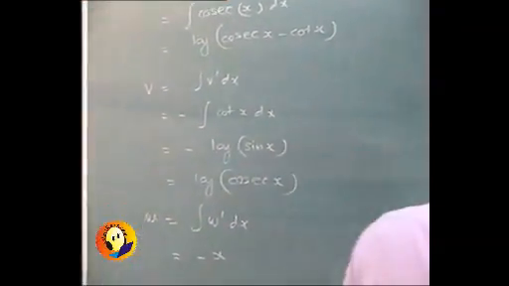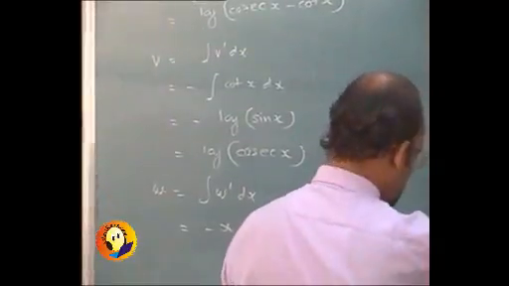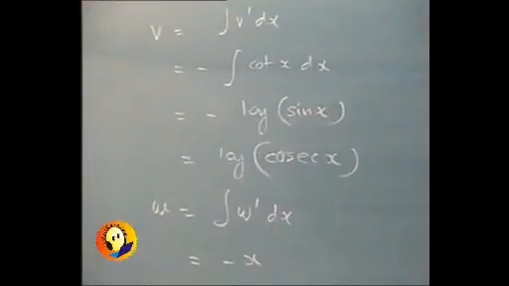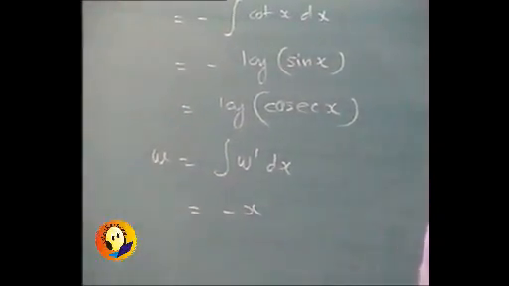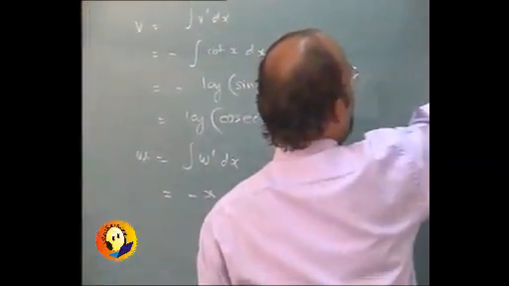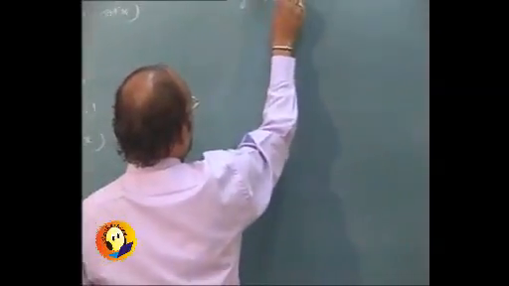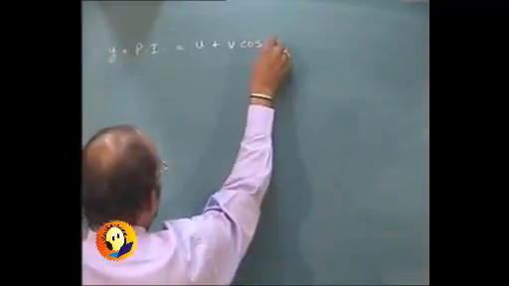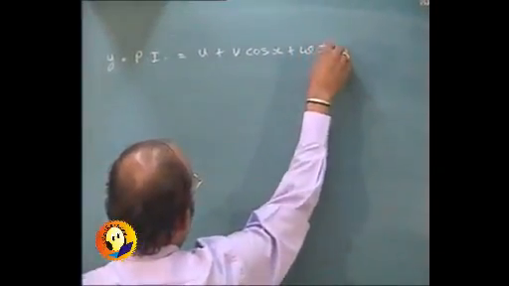And now these three values should be substituted in our assumption number 1 to obtain y. If you recall, that assumption number 1, that is y equal to y p, that we had assumed, was u plus v cos x plus w sin x.